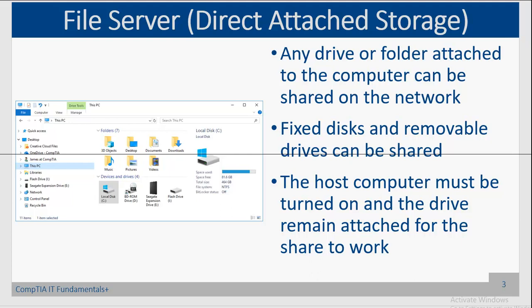Now, you could also buy a hard drive that is attached to the network and not dependent on any computer, so it doesn't matter whether that computer is on, off, or available, and the share goes directly into the network. We're going to be talking about that next.